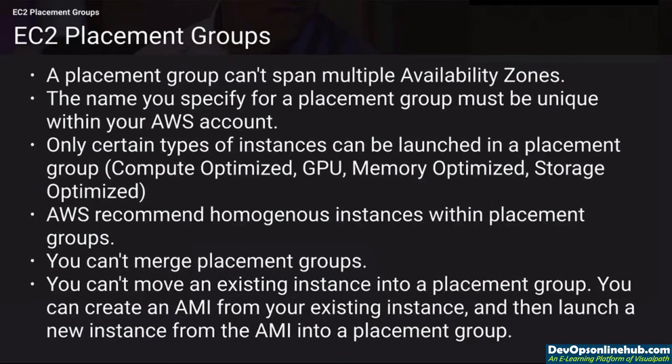And you cannot merge the placement groups, and you cannot move the existing instance into the placement group either, right? So these things will not be possible. So if you want to add the existing instance, first you'll have to take the AMI out of it, and with that AMI, while you're launching the instance, you should be able to add it to a placement group.